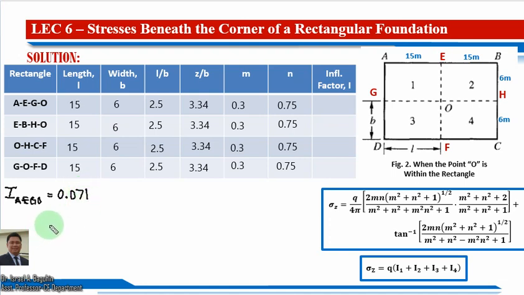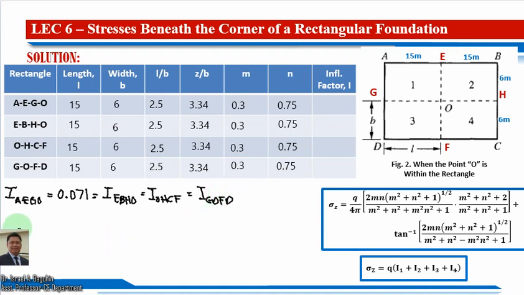Okay, so this is also the same now for the influence factor for the other rectangles here, for the E, B, H, O, which is also equal to O, H, C, F, and which is also equal to the influence factor of our last rectangle, F and D.